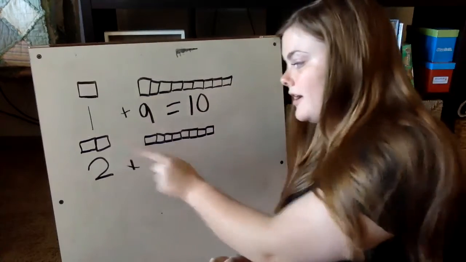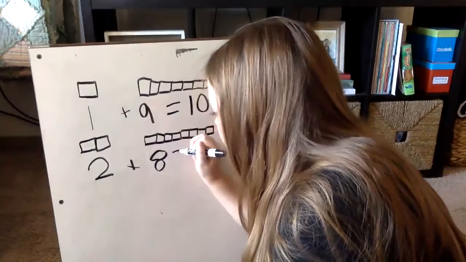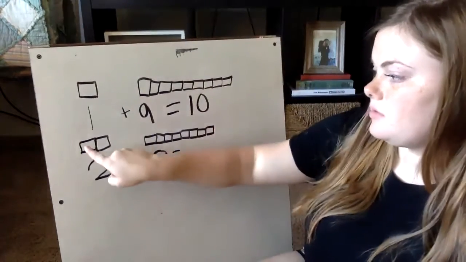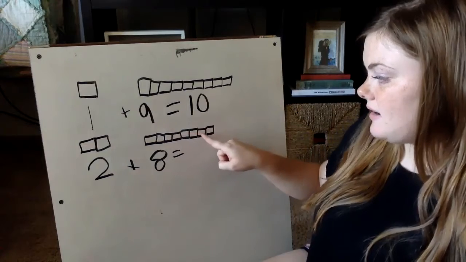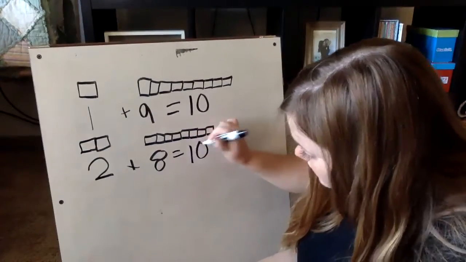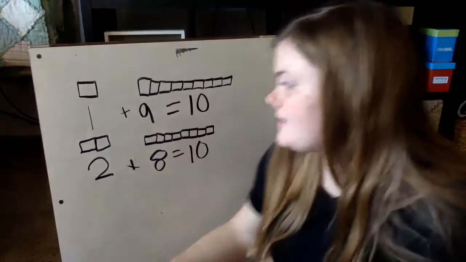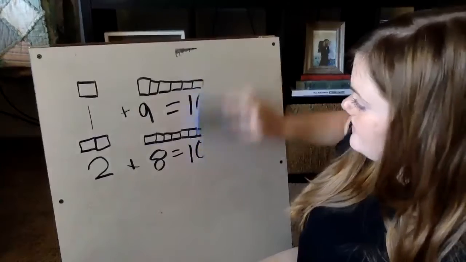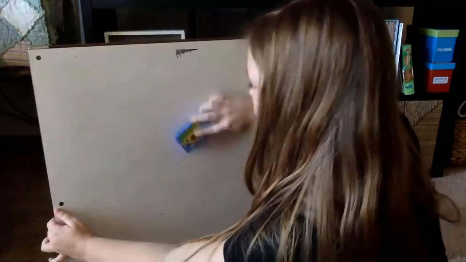So I have 2 over here and 8 over here. So I'll write my 8. What do you think that equals? 1, 2, 3, 4, 5, 6, 7, 8, 9, 10. It equals the same amount. Okay, well, that's 2 different number sentences. I'm going to erase it because it'll go too far down and you won't be able to see. Okay, so we already had 2 number sentences.